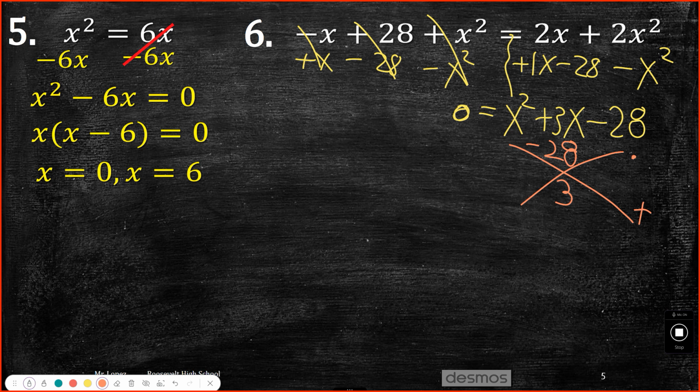Two numbers that multiply to negative 28, add up to 3. Anybody?